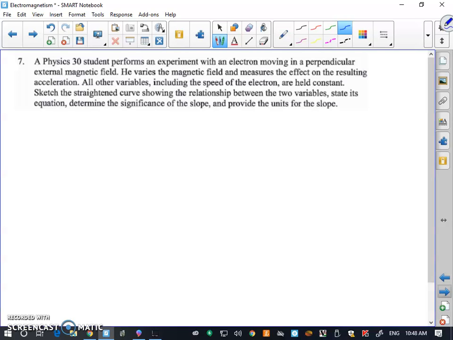Okay, so notice in the experiment here, you want to figure out what is the manipulated variable, what's the responding variable, what is the equation that works with this, okay? And so what you have here is an electron that's exhibiting an acceleration because of a magnetic force. And so Fm is equal to Fc would be a great way to set this up, okay?